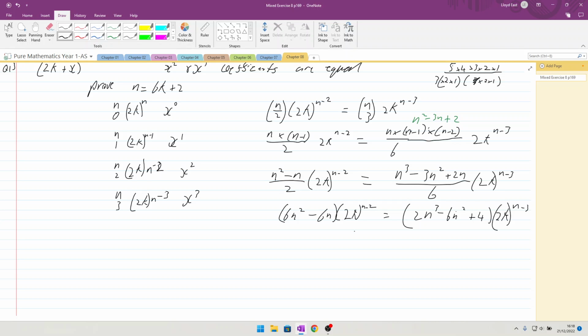Let's see what we can do with all of that. So I've got 2k to the n minus 3 there. I feel like that's going to cancel out for me. I feel like we want this all to the power n or something, but we'll have a look at it.